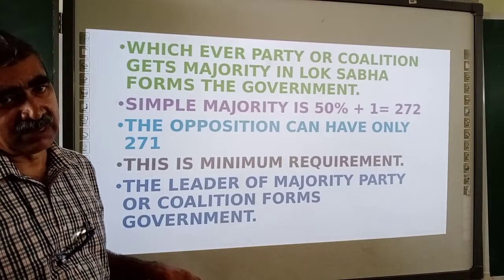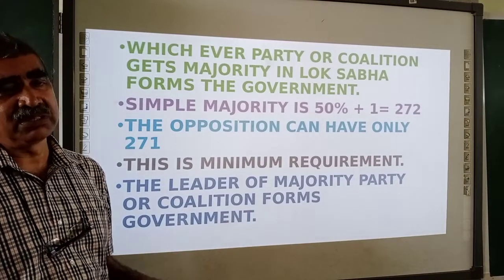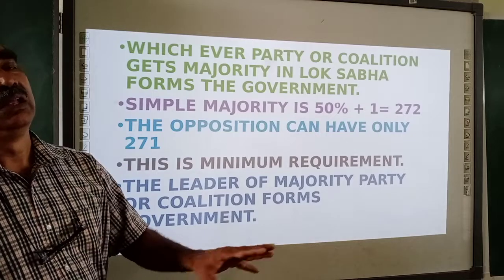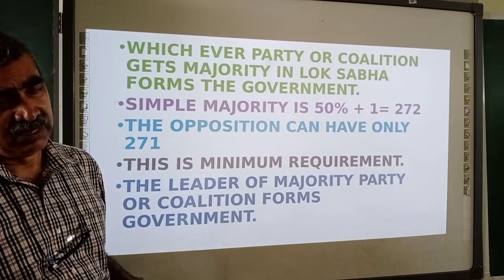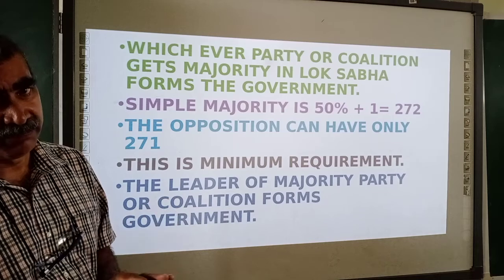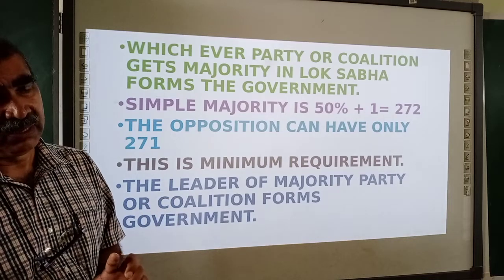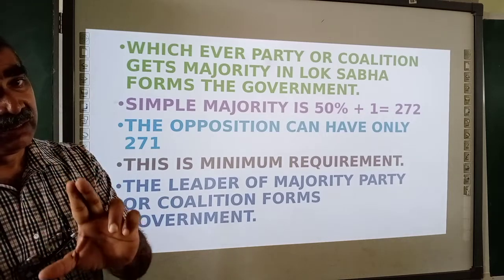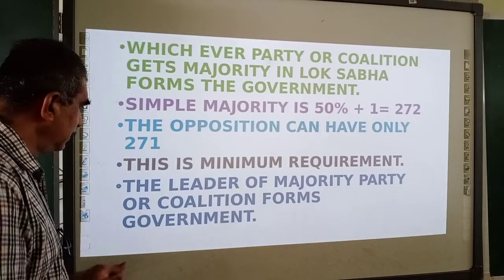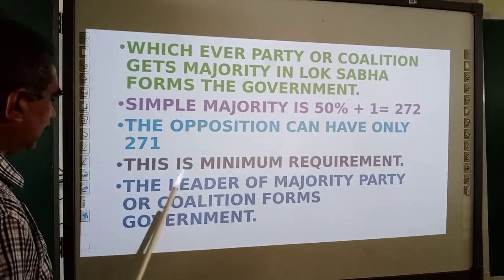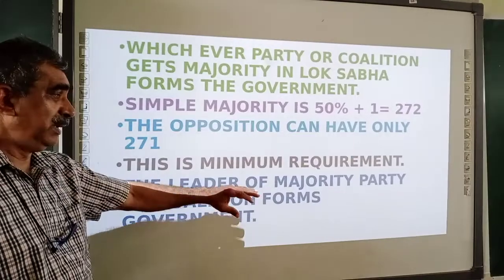So that has happened. All of the prime ministers were from the Lok Sabha except these three: I.K. Gujral, Devegowda and Manmohan Singh.